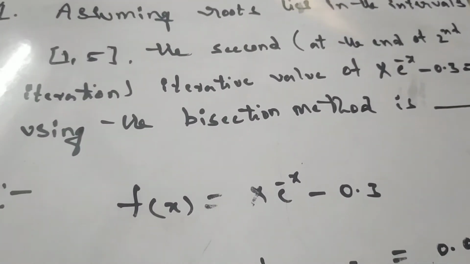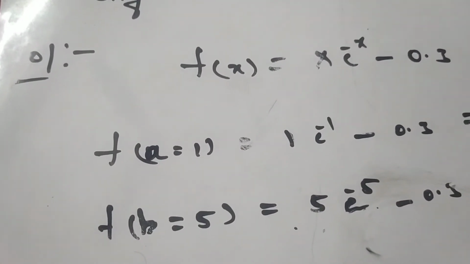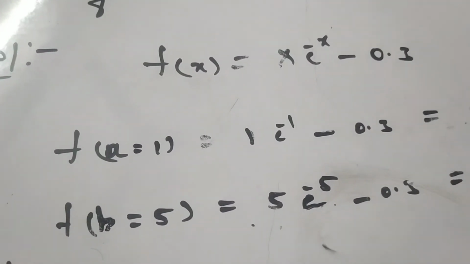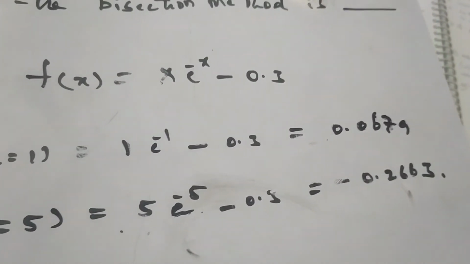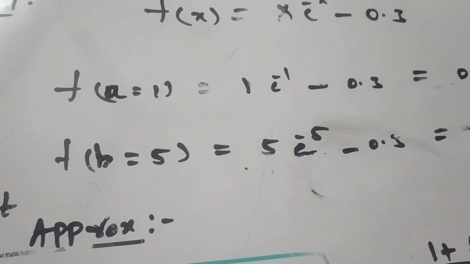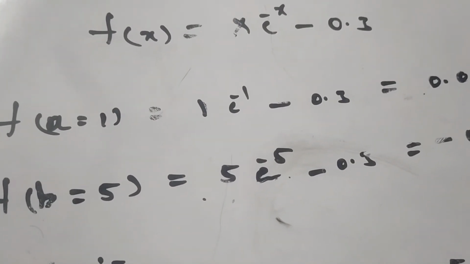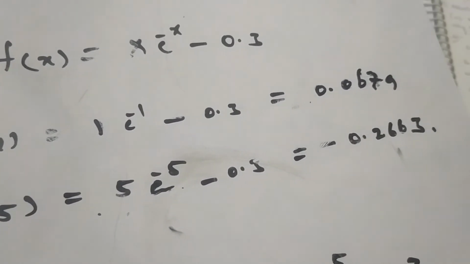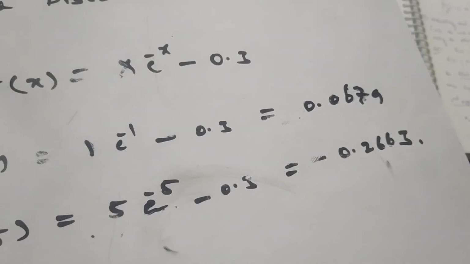Solution: f(x) equals x into e power of minus x minus 0.3, with interval a equal to 1, b equal to 5. f(a) equals 1 into e power of minus 1 minus 0.3, which equals 0.0679. Next, f(b) equals 5 into e power of minus 5 minus 0.3, which gives minus 0.0663.